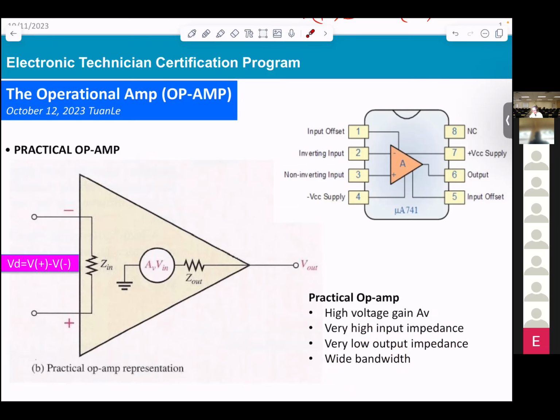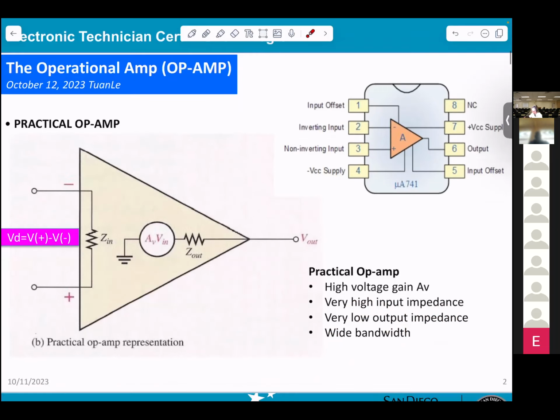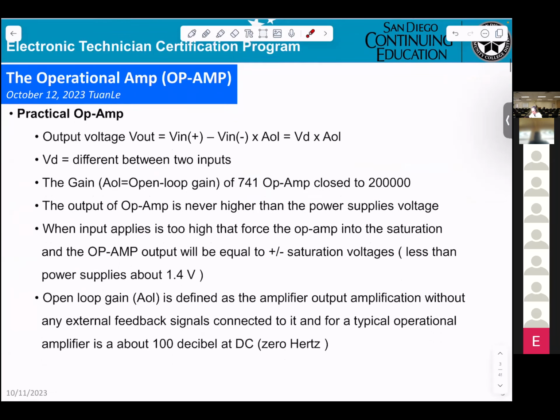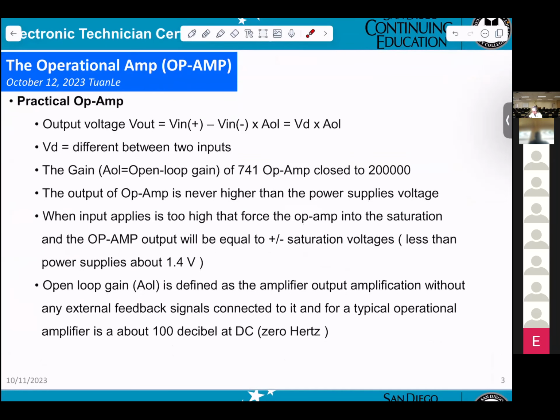For a practical op-amp, the output voltage Vout equals the gain times V in at positive minus V in at negative. The gain can be the open loop gain.